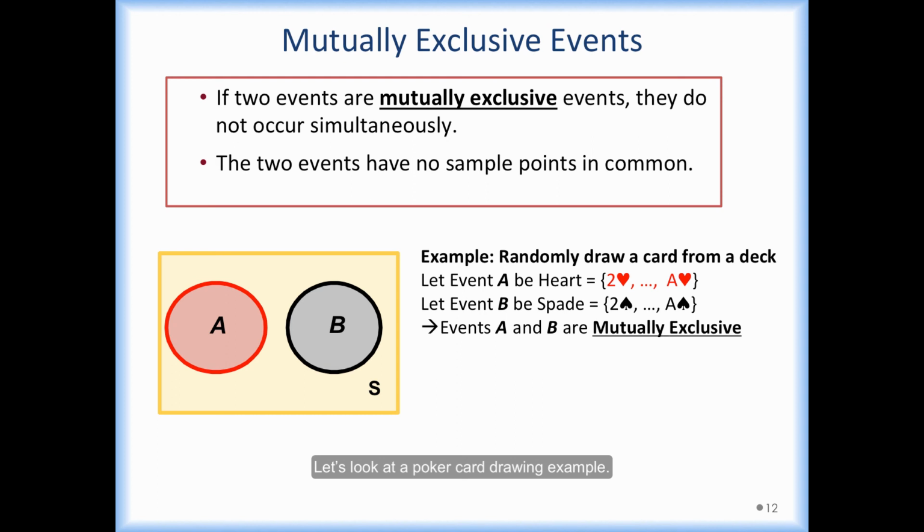Let's look at the poker card drawing example again. Let event A be getting a heart card. Let event B be getting a spade card. The two events have nothing in common. Therefore, event A and event B are mutually exclusive.